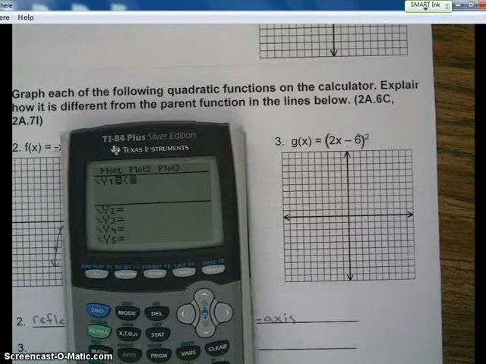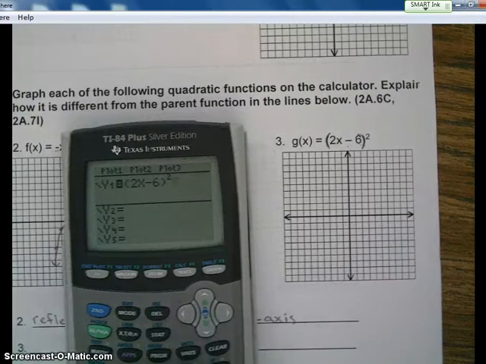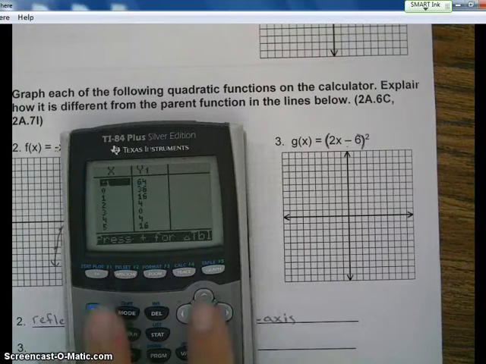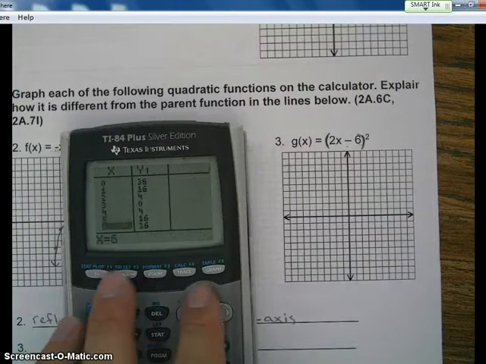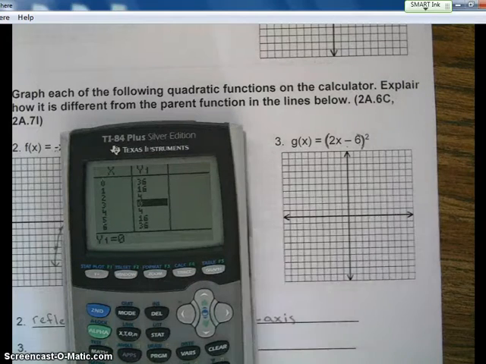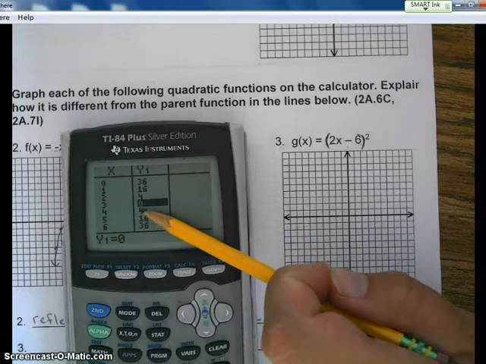Anyway, so we have 2x minus 6 squared, and I'm going to go to our table and find my vertex. Remember what I said earlier about the symmetry? You can always find your vertex if it's nice and neat like this.